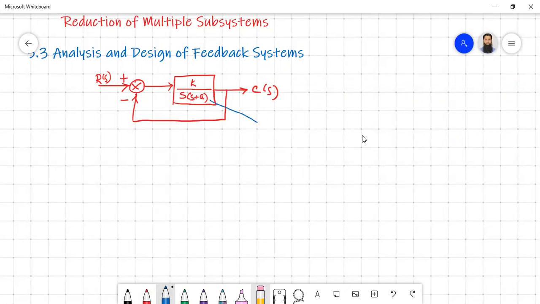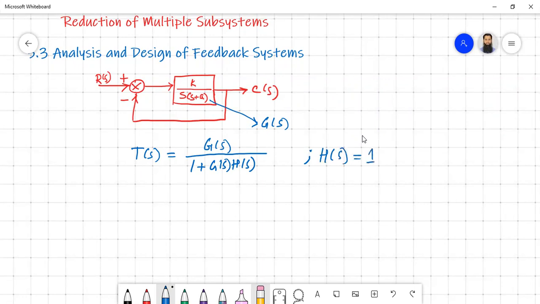We can call the forward path gain G of S, and whenever we represent the feedback transfer function in general, we use T of S. The formula is G of S divided by 1 plus the forward path transfer function times the feedback transfer function. In this case, it is a unity feedback system, so the feedback transfer function is 1. So we'll have something very simple like this: G of S over 1 plus G of S.